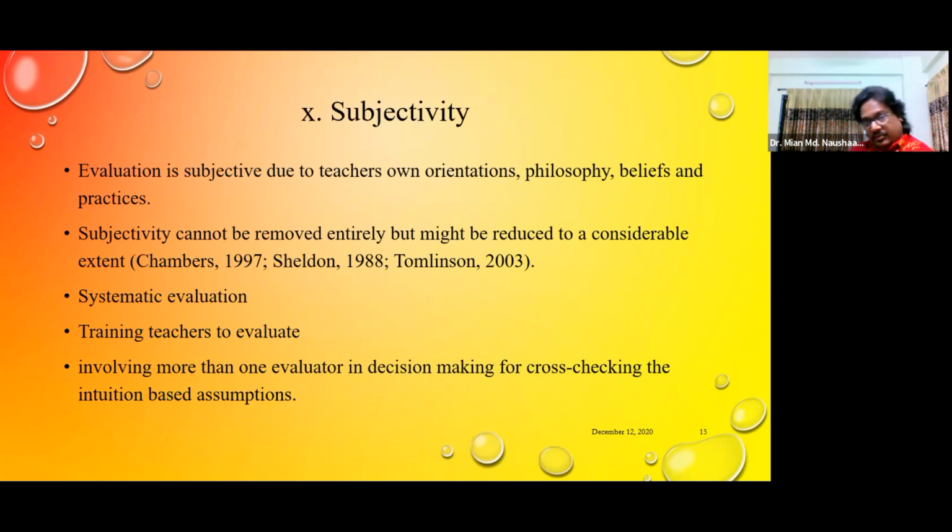Another ultimate way to reduce or avoid subjectivity is to involve more than one evaluator in decision making for cross-checking the intuition-based assumptions. That is the process which we call triangulation. If we collect data from multiple sources and diverse kinds of stakeholders, there is less possibility of bias being present in the findings.